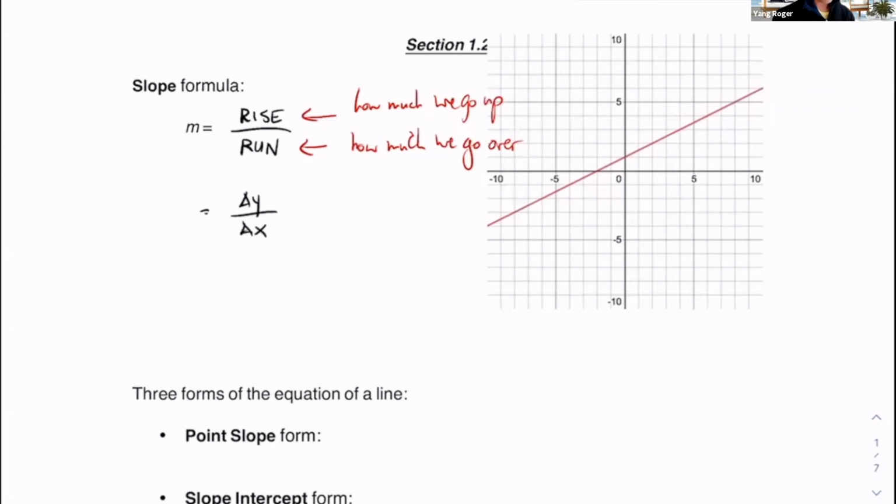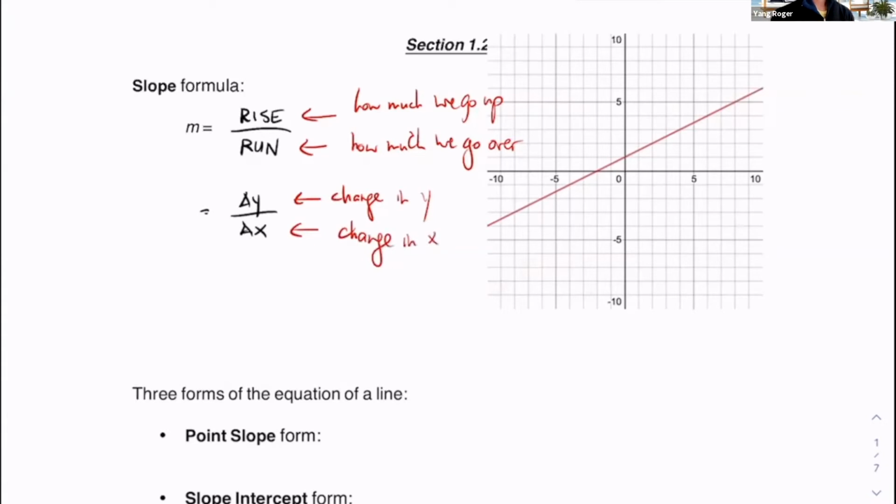What does the Greek letter delta mean? Change is correct. So this is the change in y over a change in x.